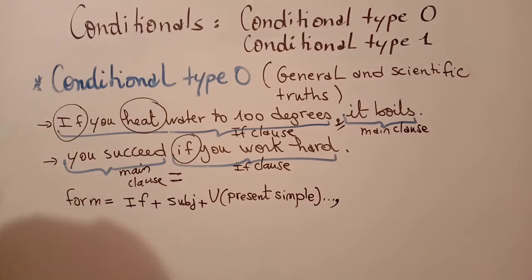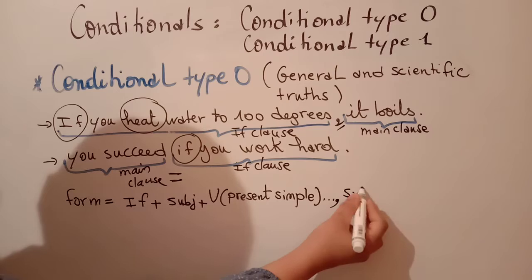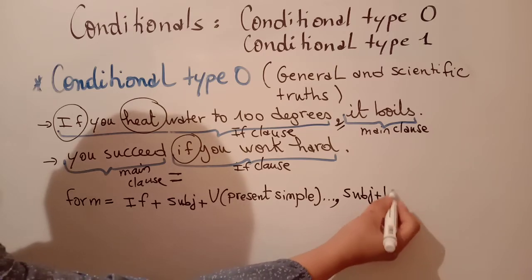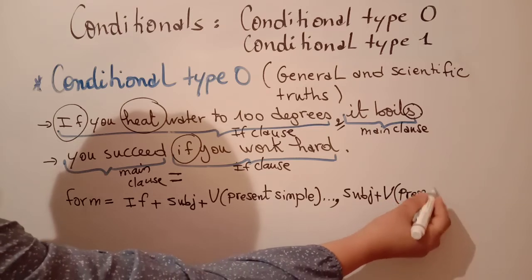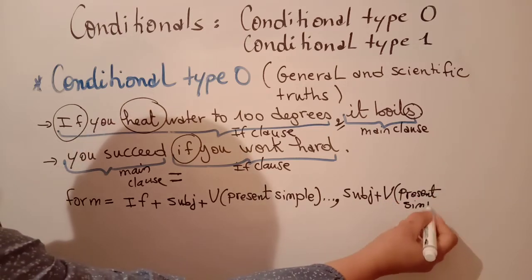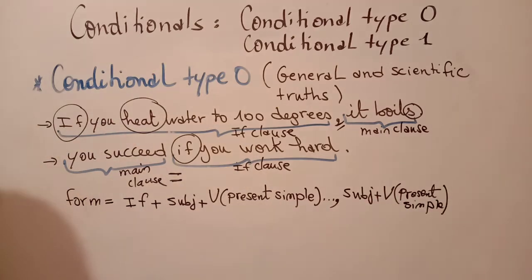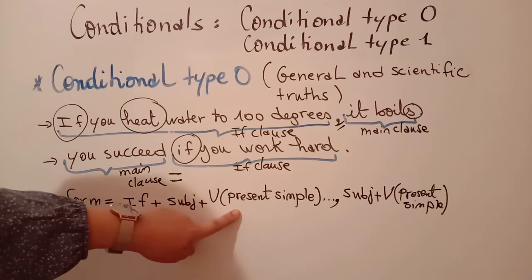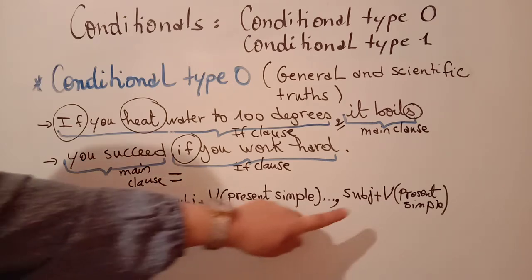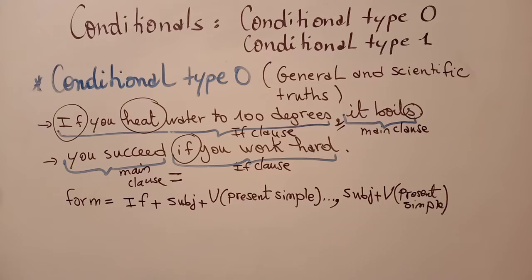Then the main clause is made up of subject plus verb, also present simple. So as you see, in both if clause and main clause, the verb is present simple. So this is the form of conditional type 0. If plus subject plus verb present simple, subject plus verb present simple.